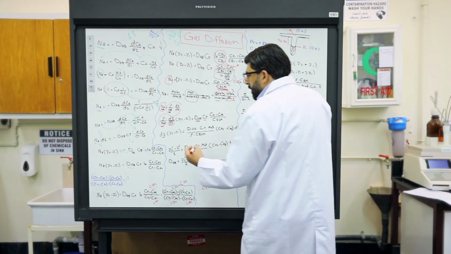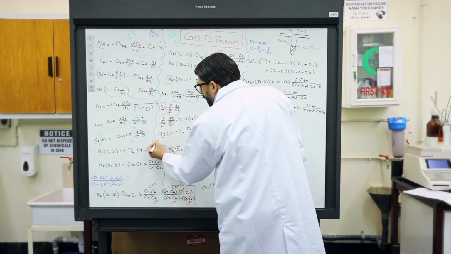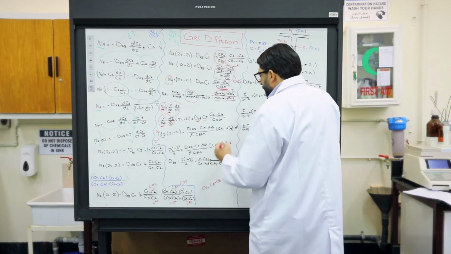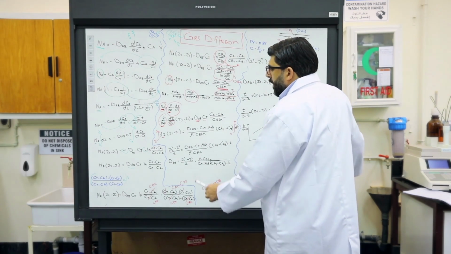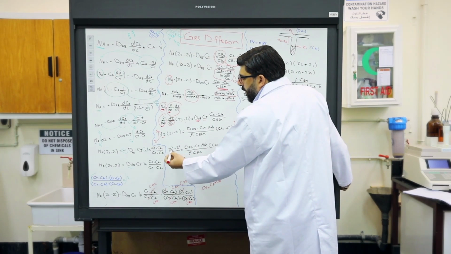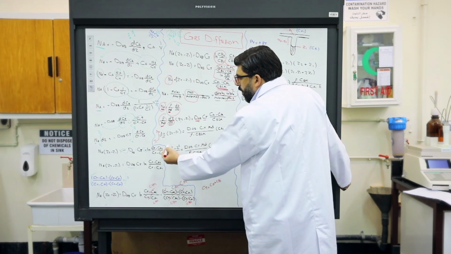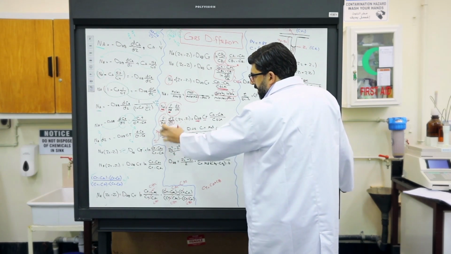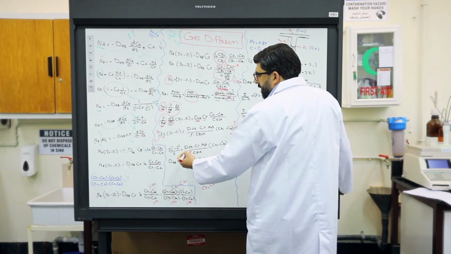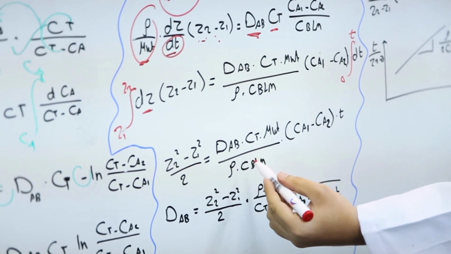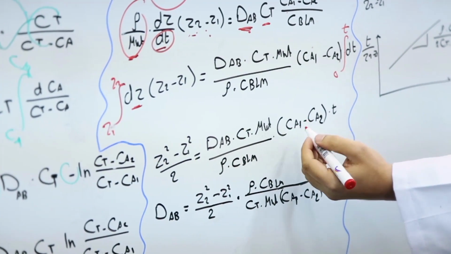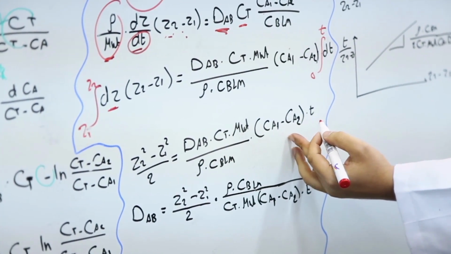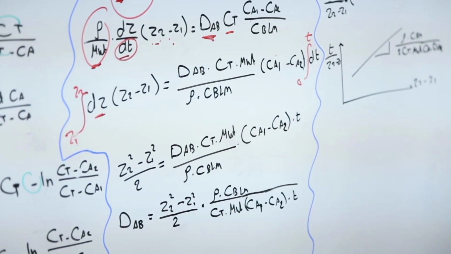By integration from Z1 to Z2, and time from 0 to t, I will get (Z2 squared minus Z1 squared) over 2. Okay, this is the integration of this part, equal to diffusivity of A to B, CT, molecular weight over rho CLM times (CA1 minus CA2) times t.